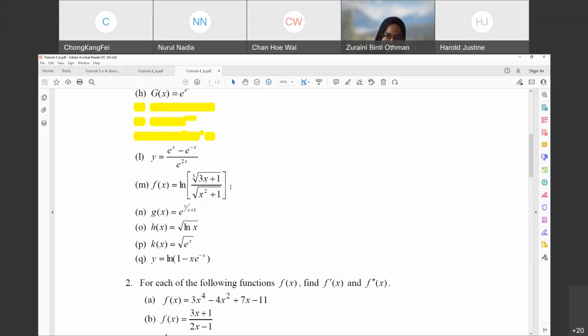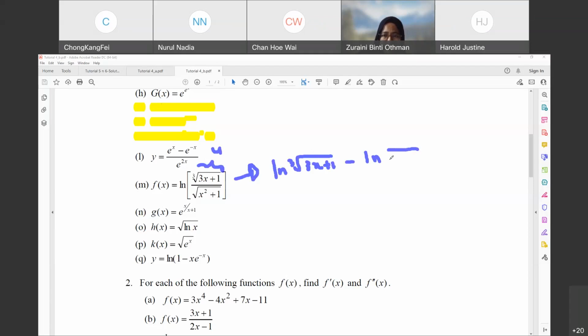Yang M ni. You may use the quotient, the ln, which is the chain rule. Yang ni jadikan semua ni sebagai Q. But if you want to use the logaritma punya rule, which is ln bahagi ni ialah ln punca kuasa 3X tambah 1 tolak dengan ln.